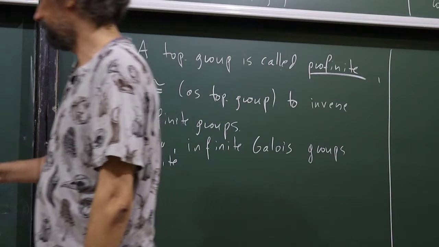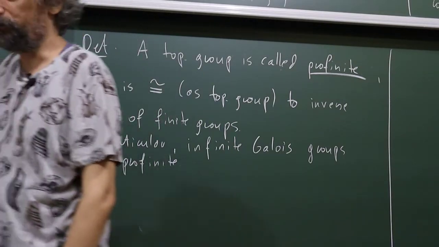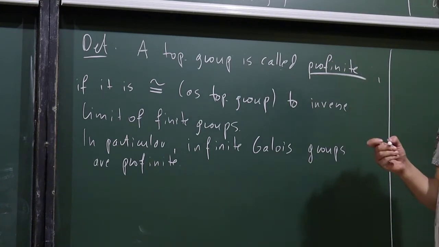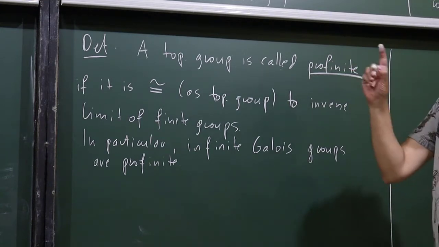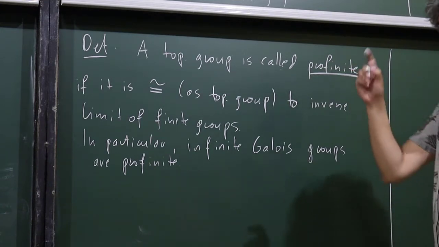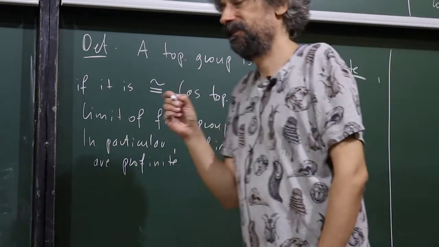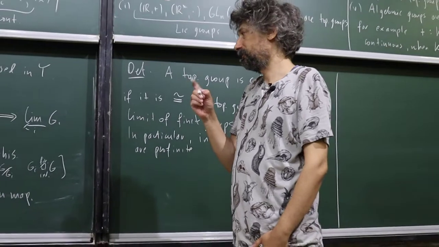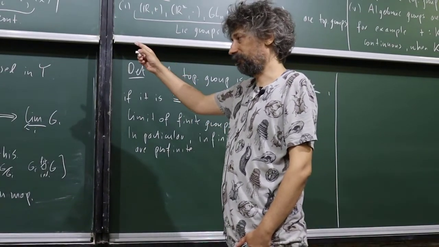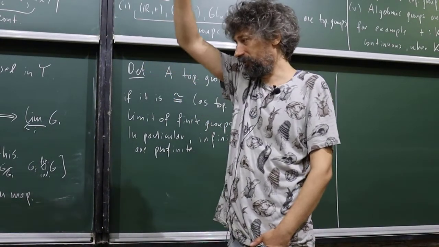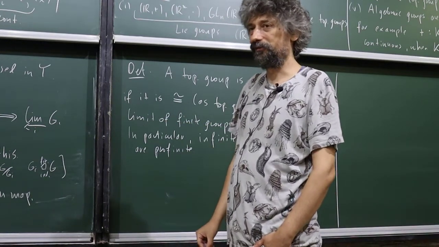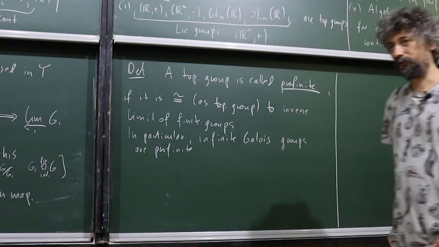Like Z hat is like a profinite free group on one generator. It's not really on one generator, but it satisfies this universal condition that if you have any map sending this one from Z hat to anything in another profinite group, it uniquely extends to a continuous homomorphism.